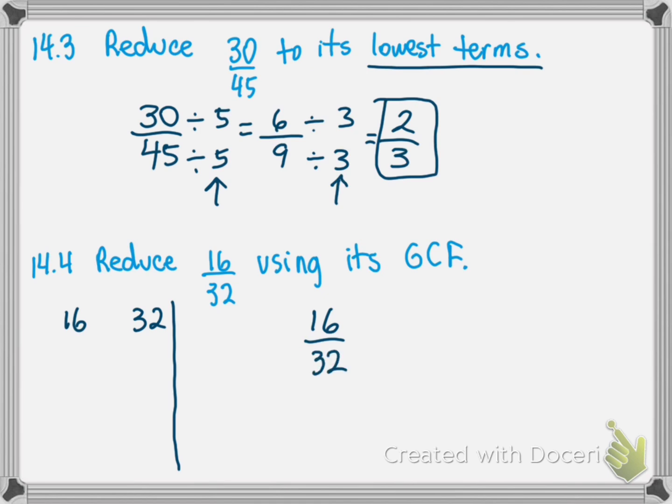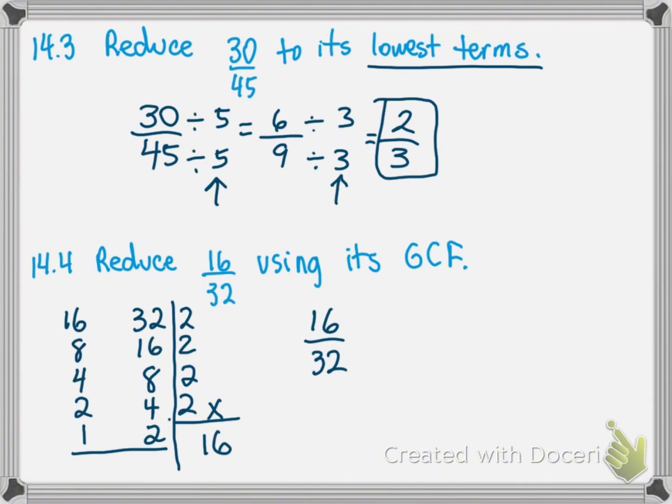So we have to start by dividing. We can divide both of them by 2, which would be 8 and 16. Then by 2 again, which would be 4 and 8. Then by 2 again, which would be 2 and 4. And by 2 again, which would be 1 and 2. Remember, when we can't do any more here, we multiply here to find the GCF. In this case, it's going to be 2 times 2 times 2 times 2, which is 16.